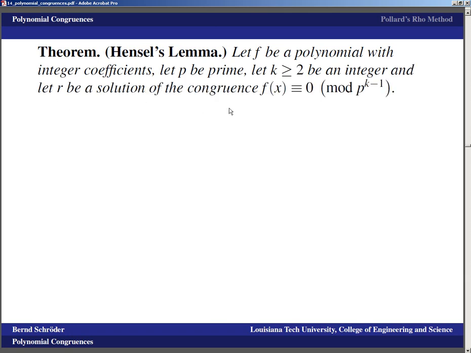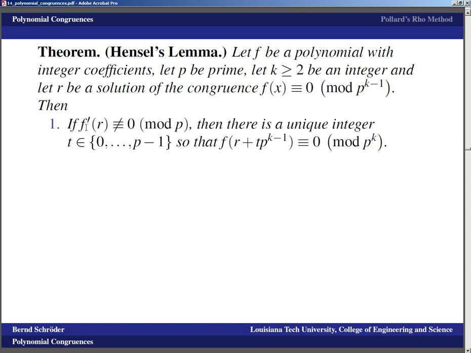And we let r be a solution of the congruence f of x equivalent to 0 modulo p to the k minus 1. Well then, if the derivative of the polynomial at r is not equivalent to 0 modulo p, then there is a unique integer t between 0 and p minus 1, so that f of r plus t times p to the k minus 1 is equivalent to 0 modulo p to the k.